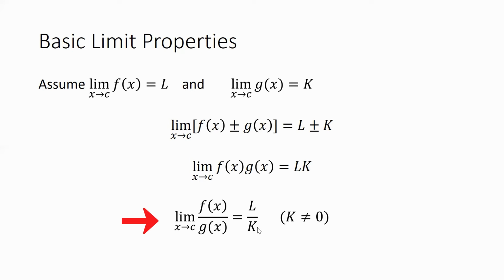With the quotient, we do have to worry about when k is 0. When k is 0, we don't want to divide by 0. But in any other instance, if k is not 0, then we can find the limit of the quotient by taking the quotient of the two limits.